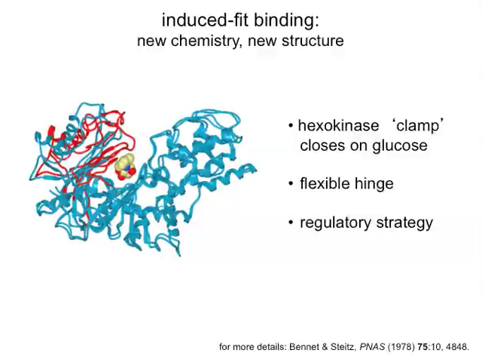In this case, we're looking at hexokinase, which is an enzyme involved in carbohydrate metabolism. You might guess from the name that it phosphorylates a hexose sugar. So kinase indicates that it phosphorylates something, and hexo indicates that the ligand is a six carbon sugar. In this case, what I've done is superimpose two hexokinase structures. Both of these structures are from the Stites lab. We see in red the change in one domain with respect to another.